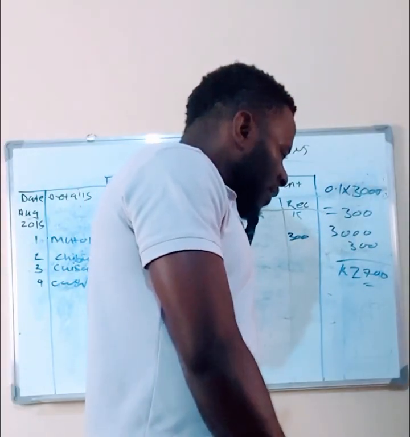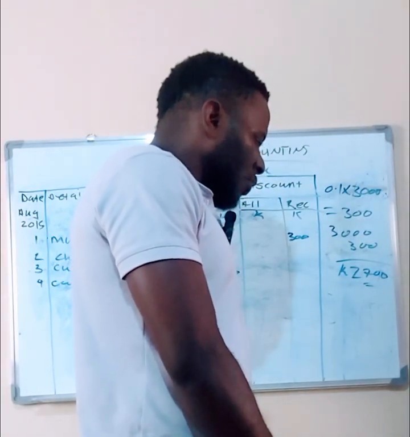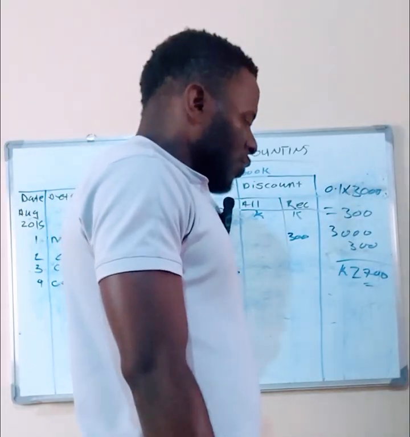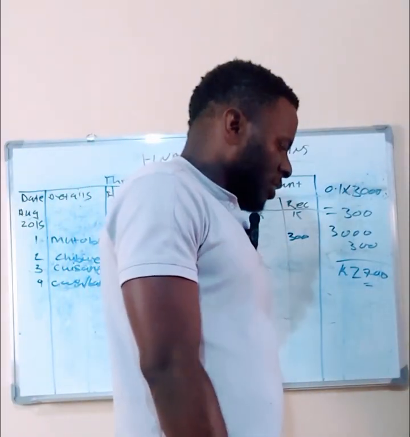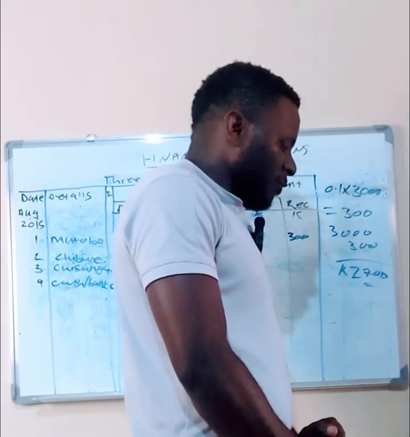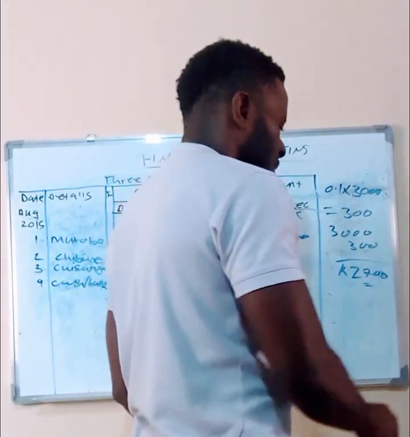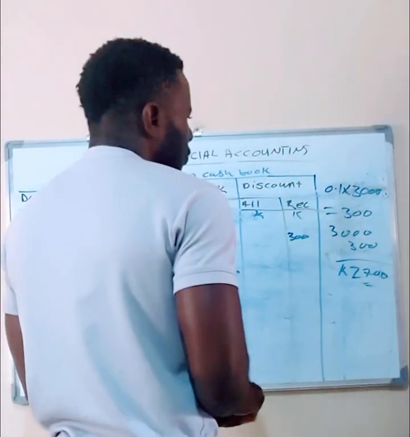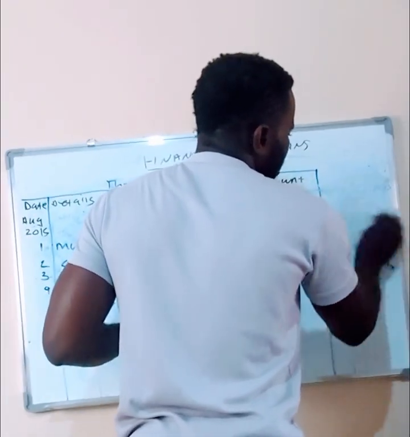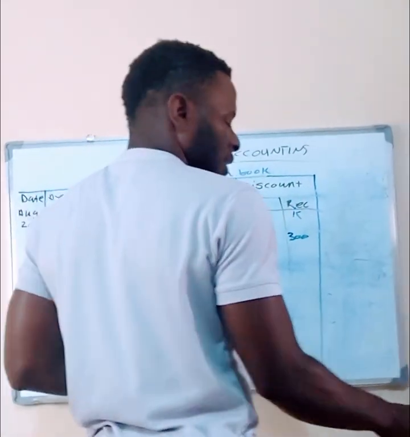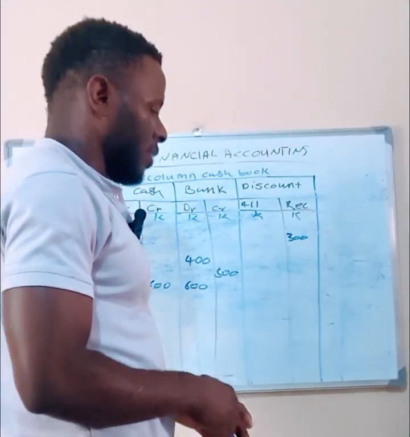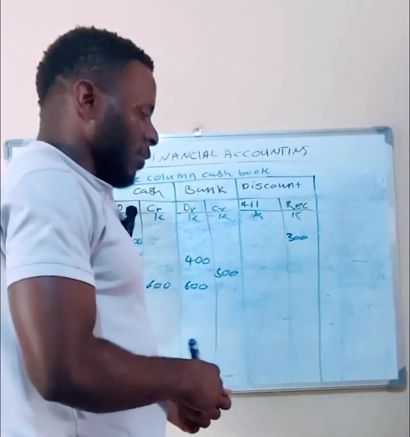Then on the 5th, we sold goods by check. Goods worth 6,000 kwacha by check, less 5% discount. In this case, we are the ones who are selling, and we allowed a discount of 5%.